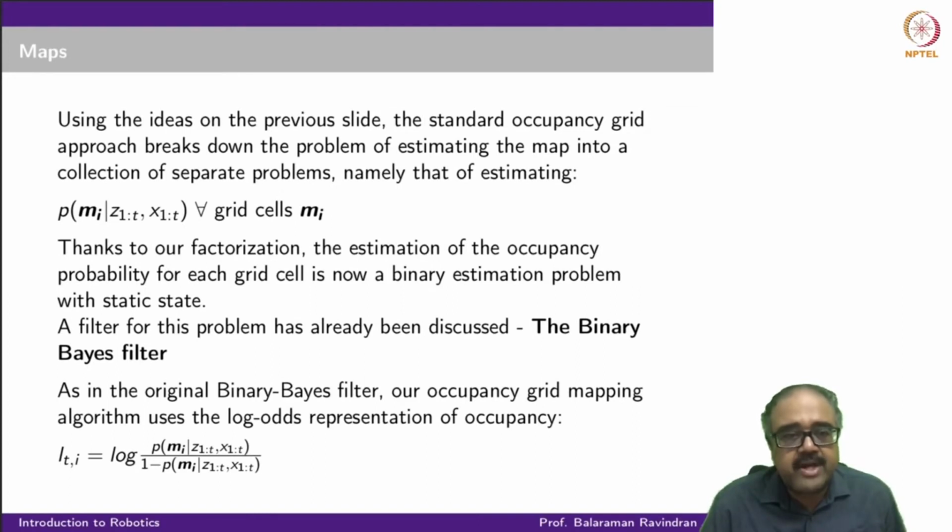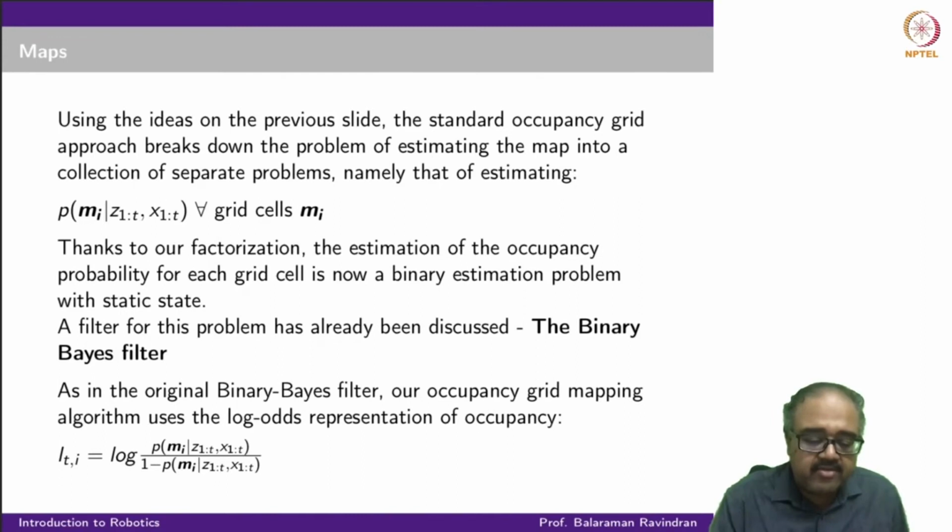It's influenced only by z_1 to t and x_1 to t. So this makes my problem much easier. Otherwise, I'll have to look at this very large joint estimation problem. So instead, we'll assume that each cell is estimated independently.